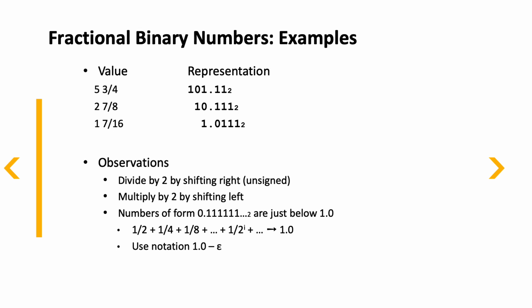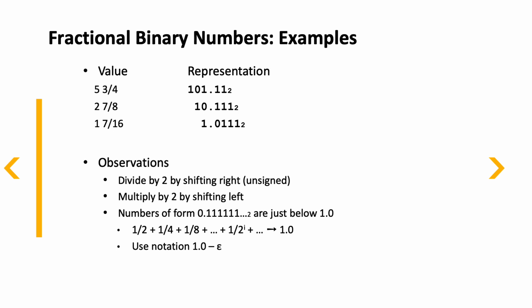Now, the notation we use for this, because depending on the representation size, these can actually evaluate to different values. The more bits I have, the closer to 1 I can get, because the more weight I can add in and get closer and closer to that limit of 1.0. So we use the notation 1.0 minus epsilon. And epsilon, as it so often does in mathematics, is just representing a very small value. But because it depends on how many bits we have to the right of the binary point, we have to use a variable, because that can change. If I only have 1 bit to the right of the binary point, I can actually only get to 1/2.